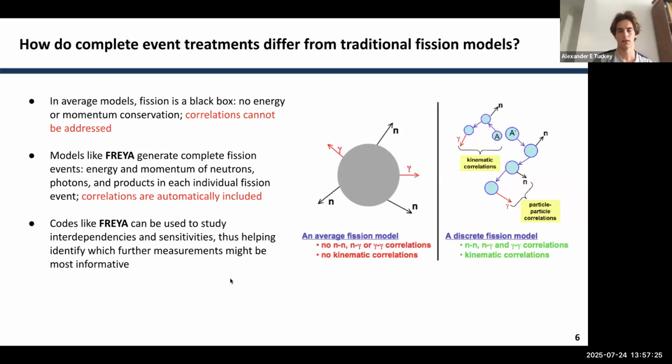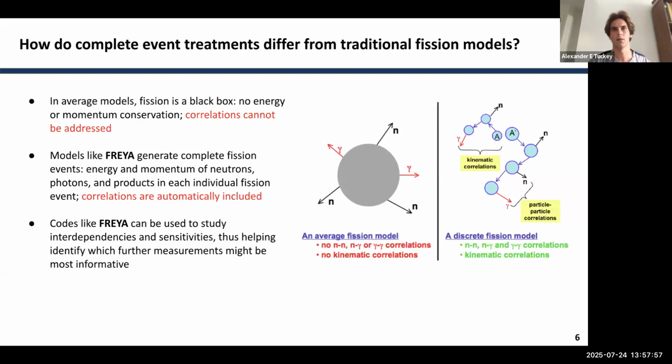So for the particle correlations, when we talk about neutron-neutron correlations, for example, that could be the angle between two emitted neutrons, or well, primarily, that's what I had in mind, the angle between neutrons emitted from the same fragment. And you can apply that to neutron photon correlations or photon photon correlations.